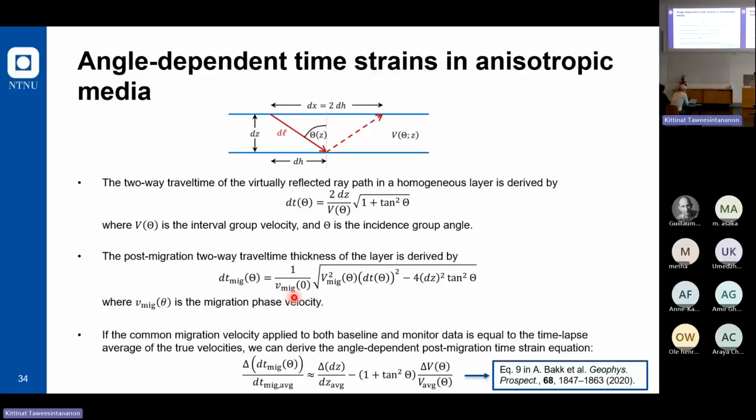And then we can derive that if we have a common migration velocity applied to both baseline and monitor data for migration, we get this angle-dependent post-migration time strain equation, which is exactly the same equation shown in Landrø and Janbach in 2020. You have this angle-dependent term in this formula compared to the normal incident or zero offset time strain.